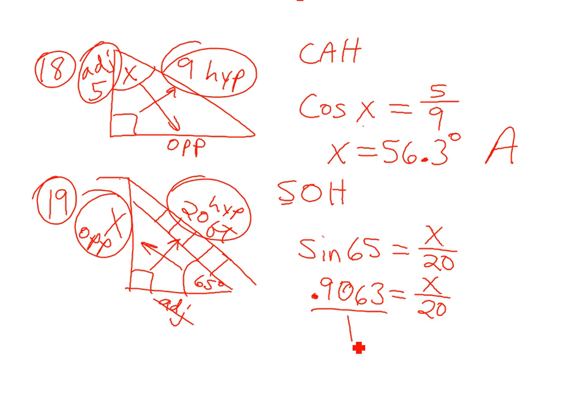Put a 1 underneath that, and cross multiply to get x. It comes out to be about 18.2. Actually 18.1, should have rounded off a little bit, which is letter C. Letter C.